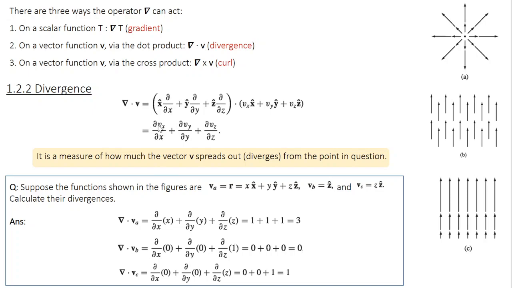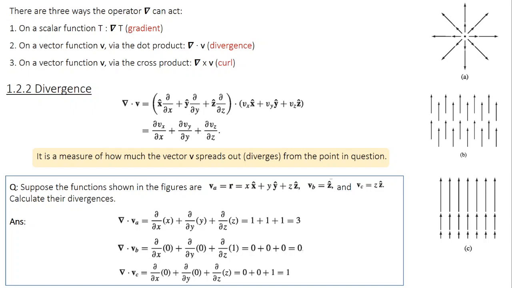So this gives you dou vx by dou x, x cap dot x cap is unity. So dou vx by dou x plus dou vy by dou y plus dou vz by dou z. So remember, the del operator is always associated with a vector function and the output is a scalar.